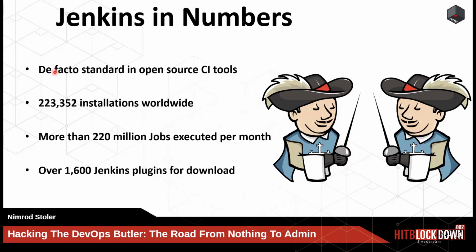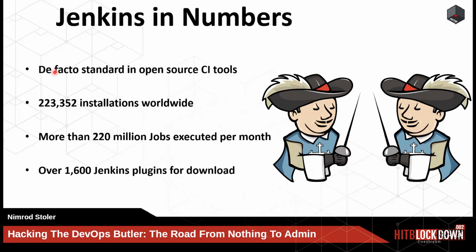Now, Jenkins, as we said, is the de facto standard in open source continuous integration tools with more than 220,000 active installations around the world. We've seen that almost 80,000 of those are accessible online. Jenkins servers execute more than 200 million jobs on average per month, a staggering number indeed. Jenkins to date offers over 1,600 plugins.